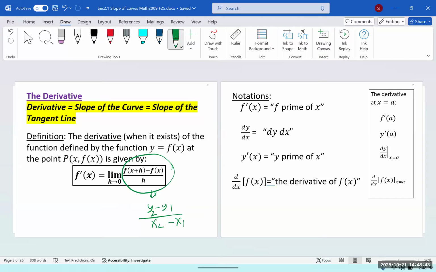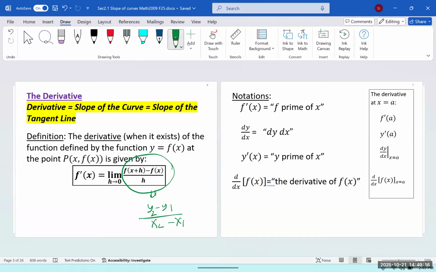Now if you want to say the derivative at a particular number or point, let's say the point is a. So we say the derivative of the function at a, y prime at a. The last one is the derivative of the function at a. a means any number, and x means it's general.